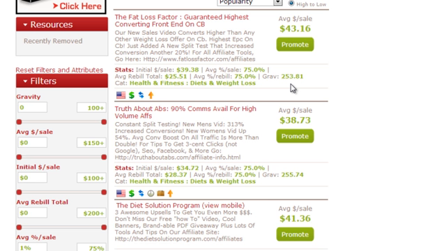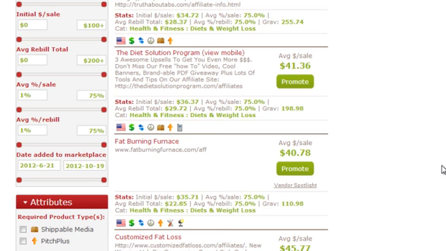Each one of those affiliates has sold at least one product, and some of them might have sold hundreds. That's a really good indication of how many affiliates are actually selling the products. Anything over 50 or 60 is good.